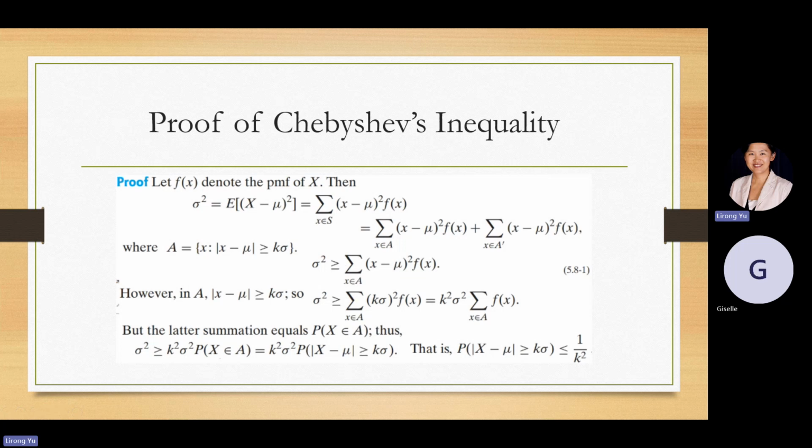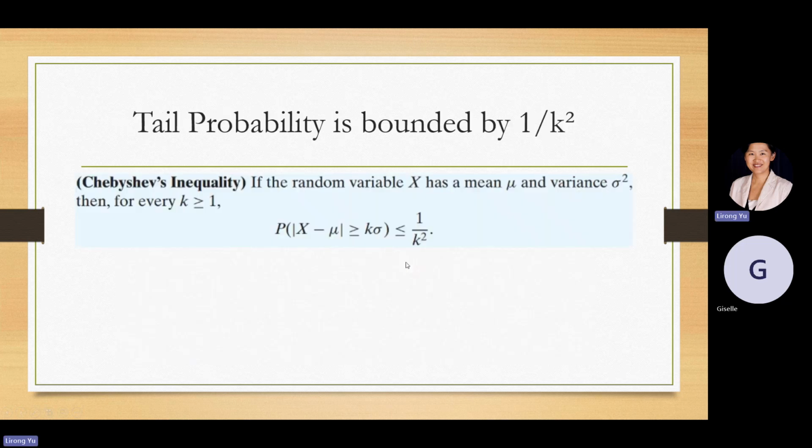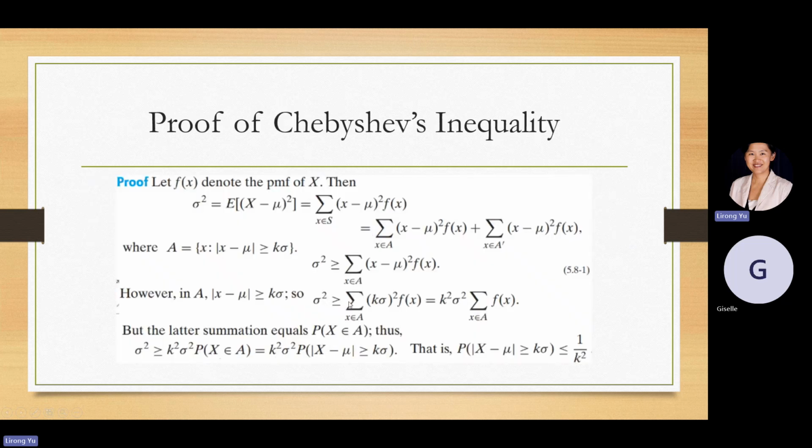So we do have the standard deviation in the original definition. We have k times standard deviation. So then we bring that into the formula because that's the definition of A. All right. So now we have this. The variance is bigger than this. Now we already knew that because of the definition of A, x minus mu is bigger than k times standard deviation.